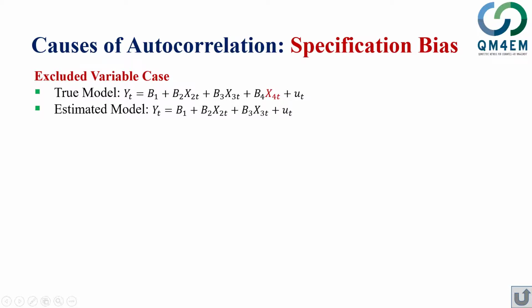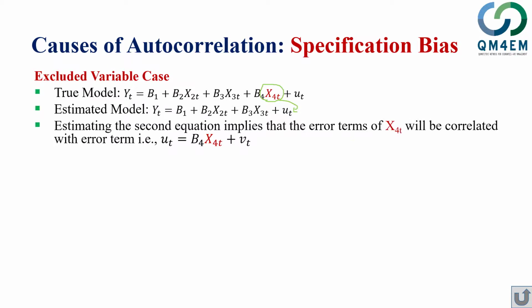So the influence of this x4 variable will be captured by this error term. As a result, this error term will be linked with this explanatory variable. So the variable x4 that was excluded becomes a function of the error term, or in other words, this error term is linked with this x4 variable.